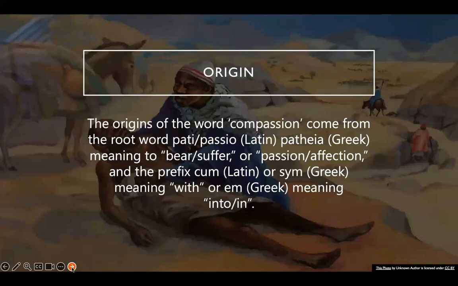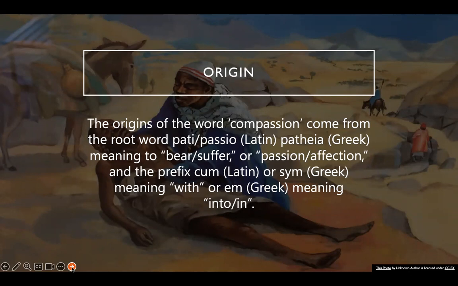The origin of the word compassion comes from the root word pati or passio, which is Latin, or the Greek pathein, which means to bear, to suffer, or passion, or affection.